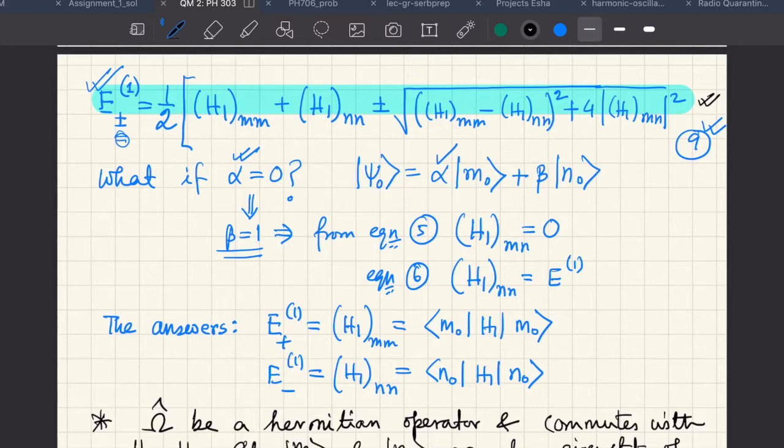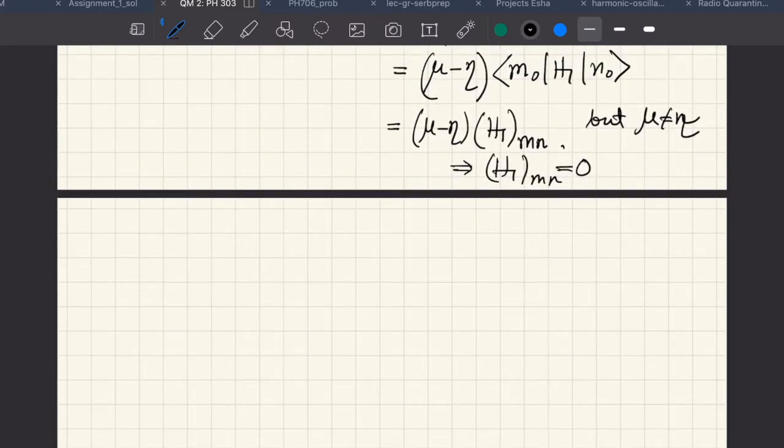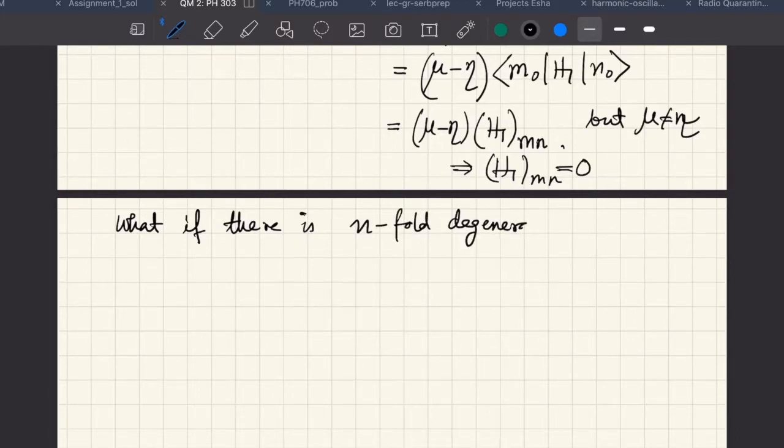Now, of course, you will ask: fine, we are happy with this twofold degeneracy. What if there is n-fold degeneracy with n greater than 2?